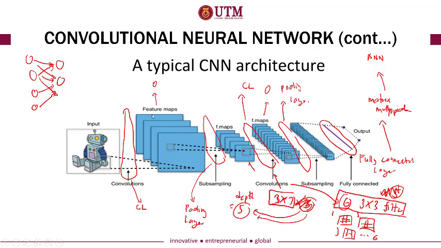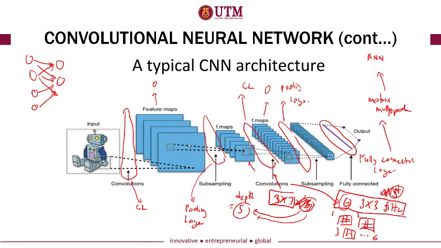The size of the matrix or feature map should shrink until at the end you find there's only a one-dimensional matrix, because at the end you need to produce only one output, which represents the label of this image. So that's why the architecture is like a shrinking.